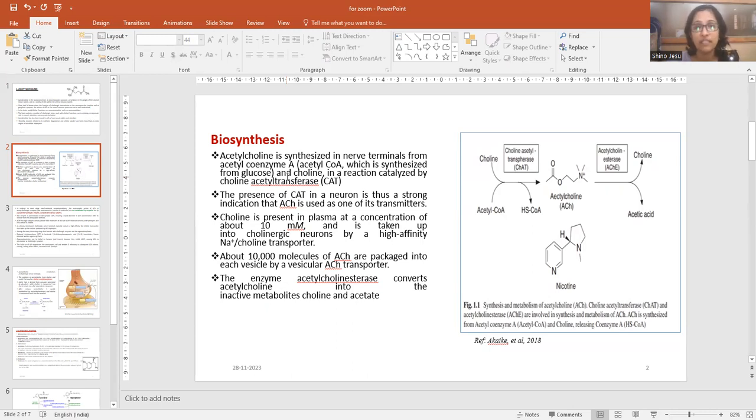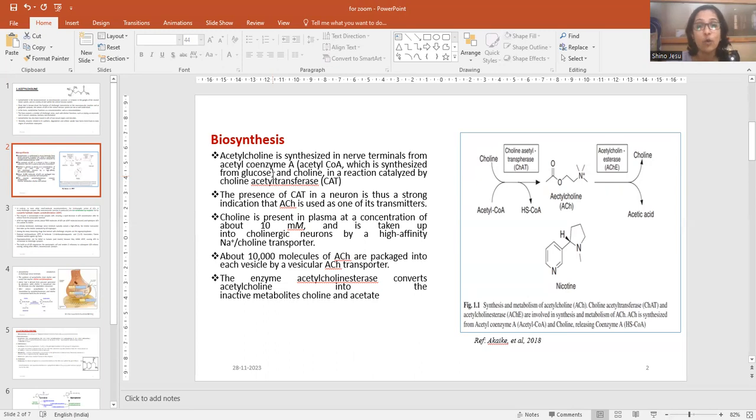Choline is present in plasma at a concentration of about 10 micromolar and it is taken up in the cholinergic neurons by a high affinity sodium choline transporter. About 10,000 molecules of acetylcholine are packaged into each vesicle by the vesicular acetylcholine transporter.